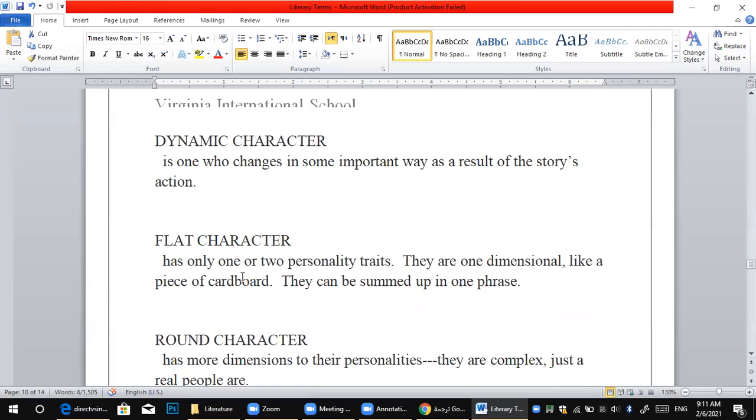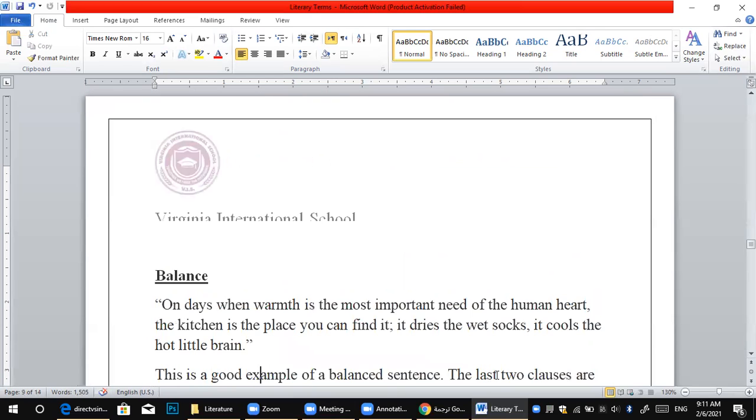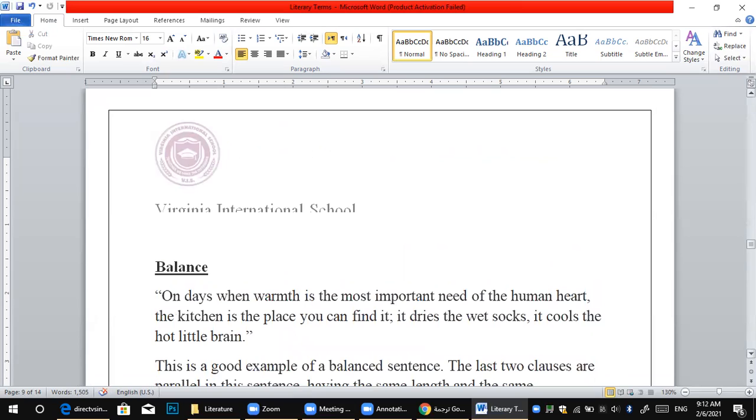Flat has one or two personality traits, good or bad, but only one or two. And round characters have more dimensions to their personalities. So they are complex.